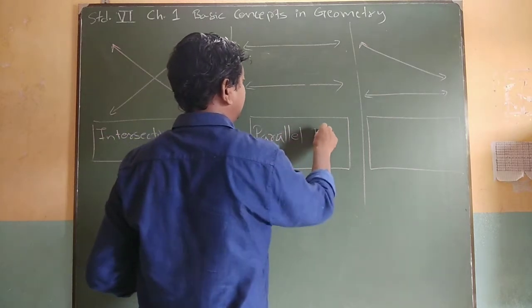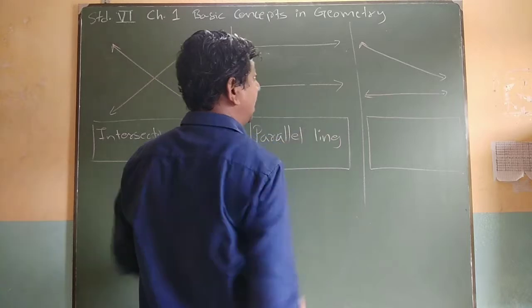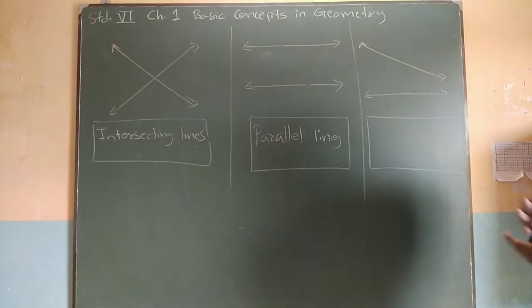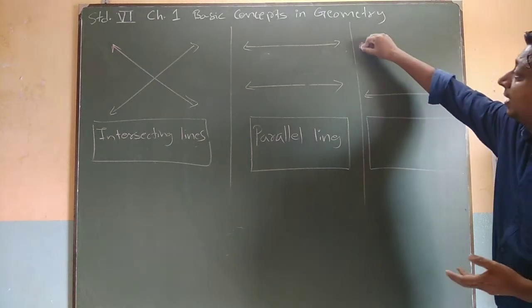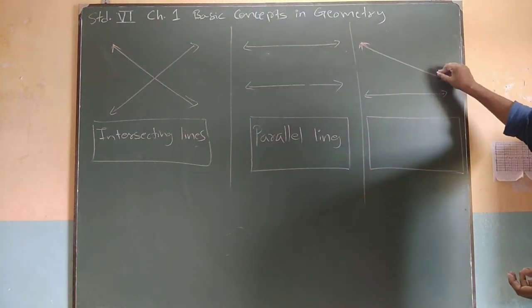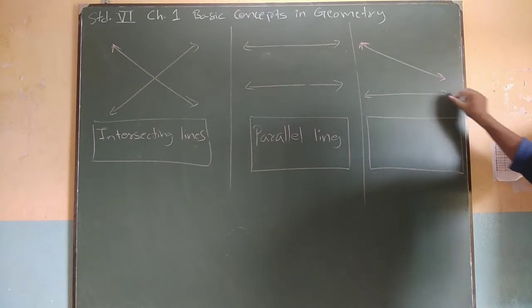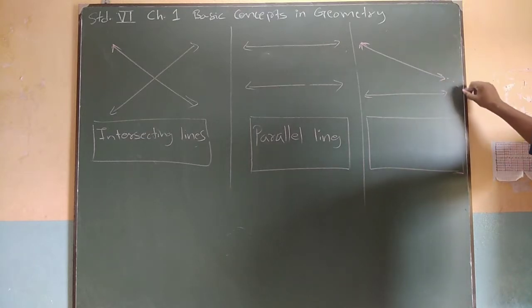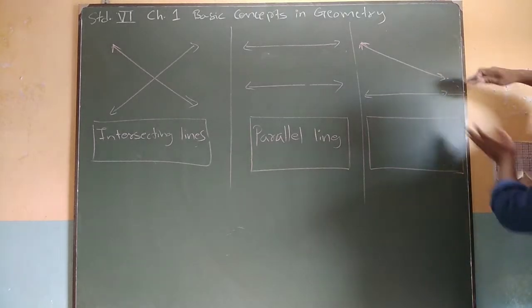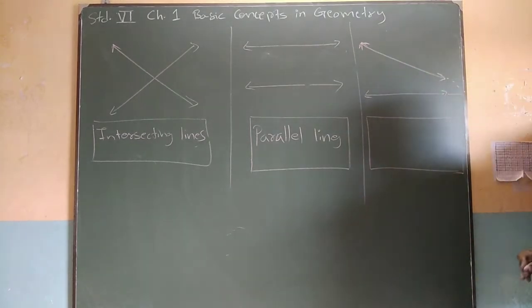P-A-R-A-L-L-E-L, parallel lines. And these two lines, are they parallel or are they intersecting lines? See now, if I extend this line, it will meet here somewhere. If I extend this plane, this will come and meet.